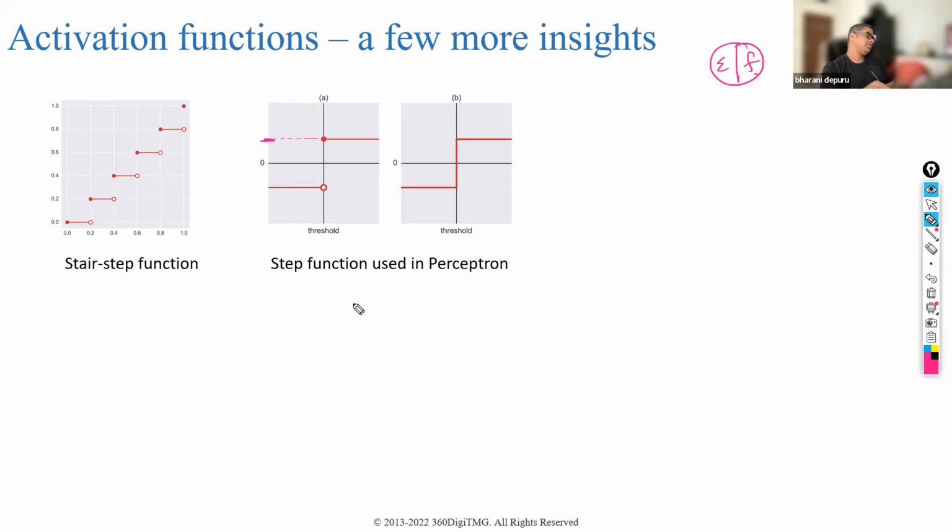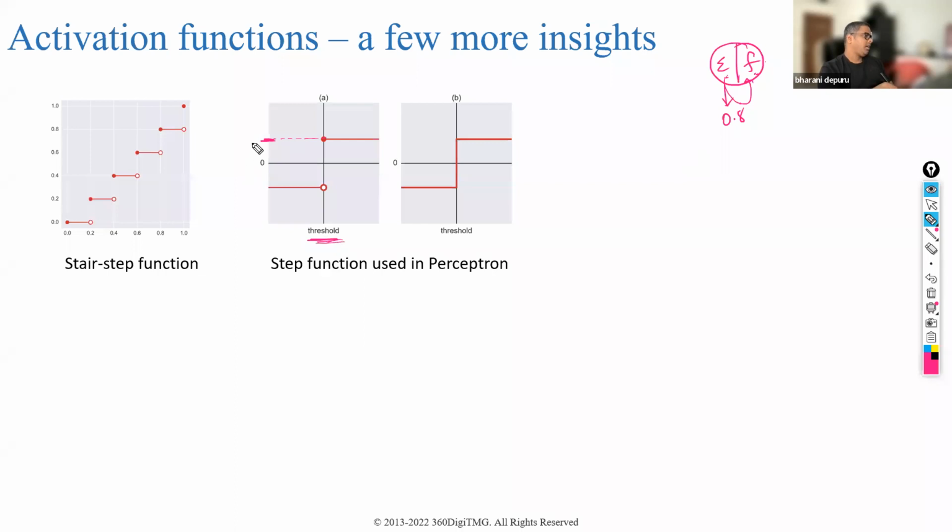If the activation is step function, whatever value you get here will go here. Say you got a value of 0.8, and say 0.8 itself is your threshold.